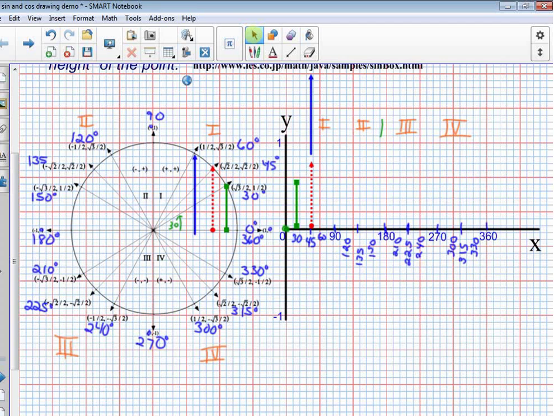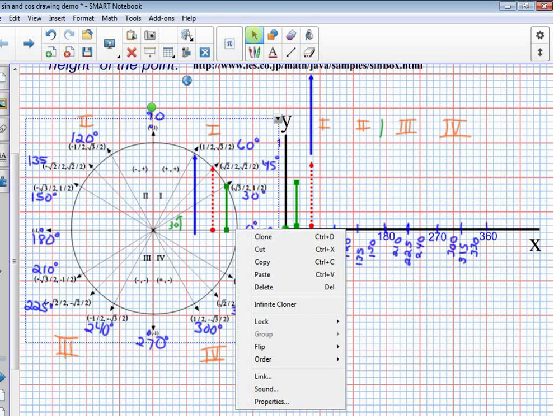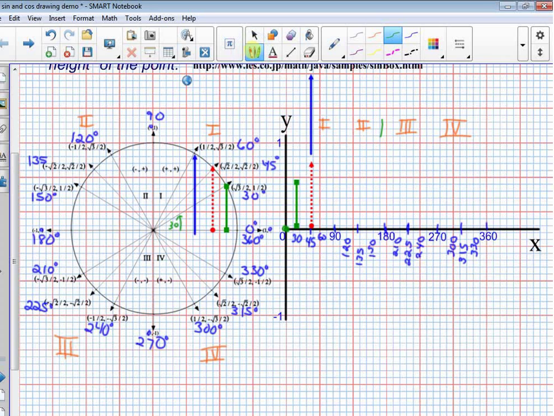And now look at our radius, it is 1 to this point right here. So these lengths should make sense.